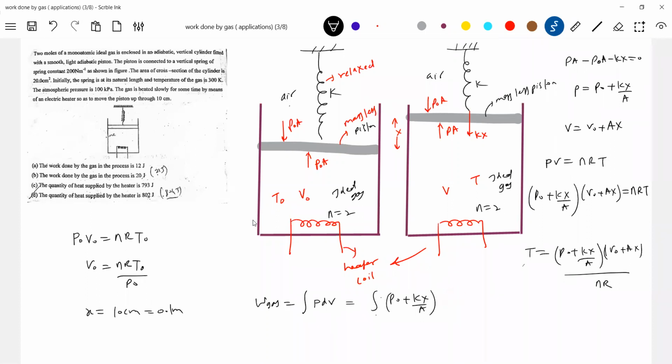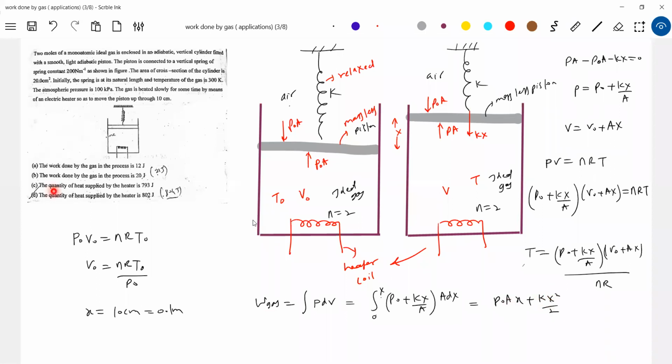Okay, change in volume, sorry, this is A dx. So 0 to x, this should become equal to P naught Ax plus Kx square by 2. Okay, I got the work done by the gas. We know P naught, A, x, K, all, so we'll get the work done by the gas.